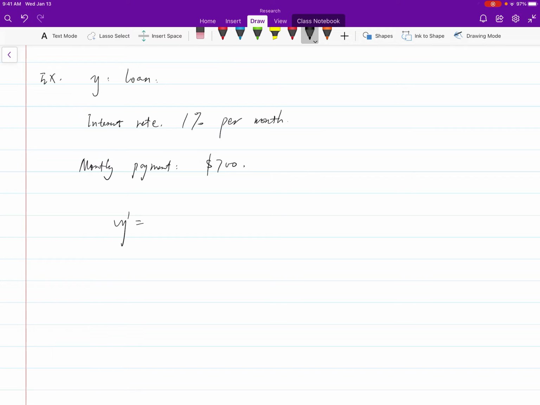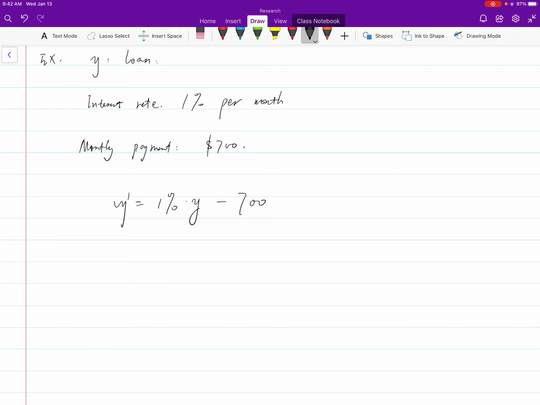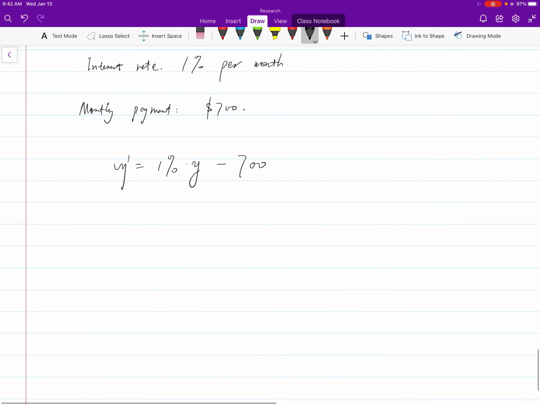We said, okay, for every month, your loan is going to increase due to the interest times your current value, but then you are going to make a payment, which is minus 700. And clearly this one becomes a linear differential equation. Now we can actually go ahead and solve it.